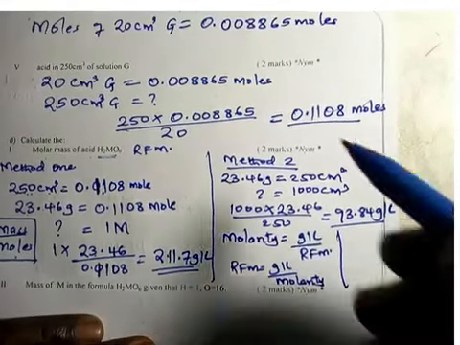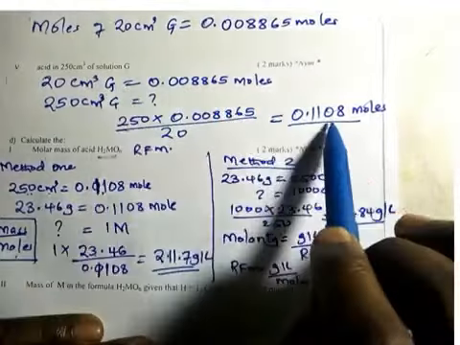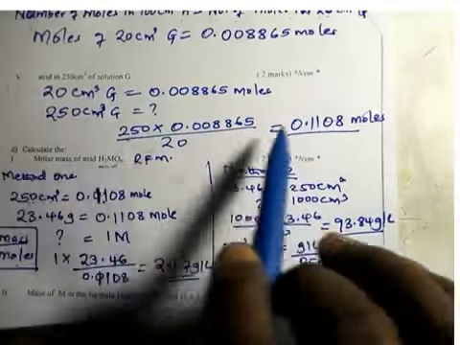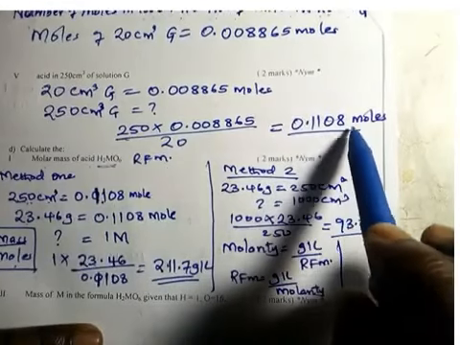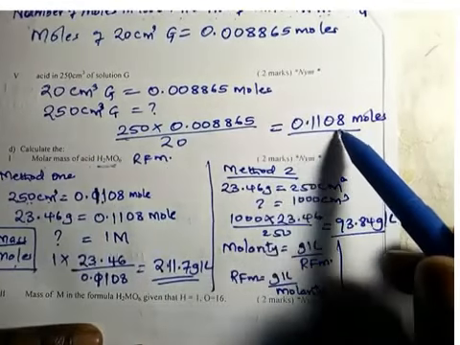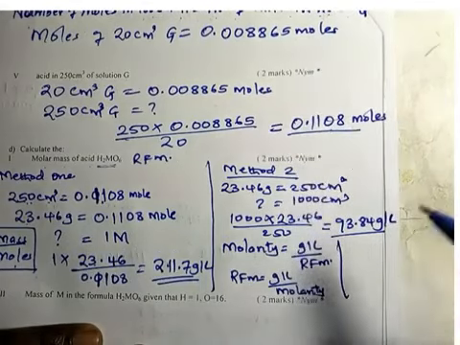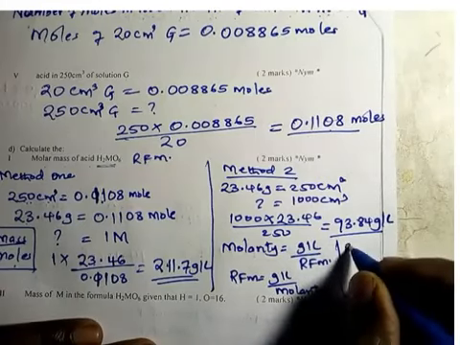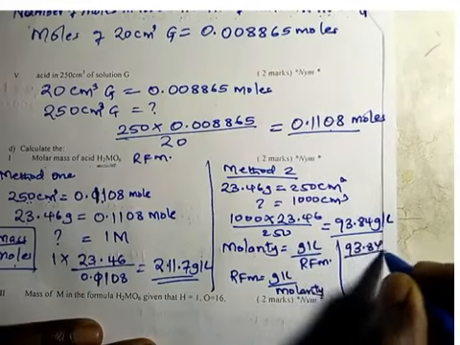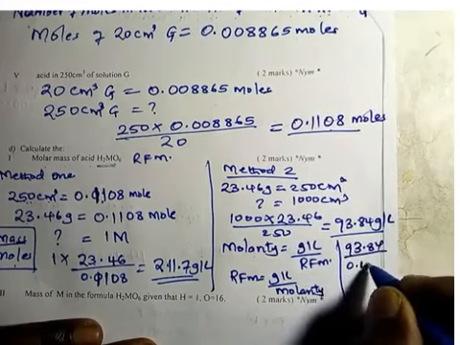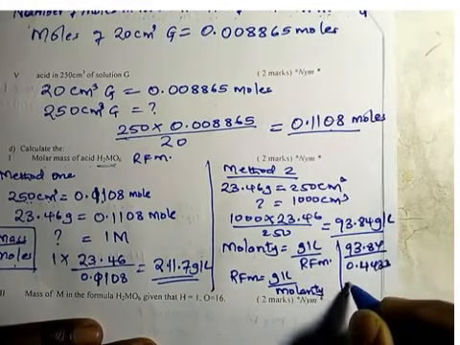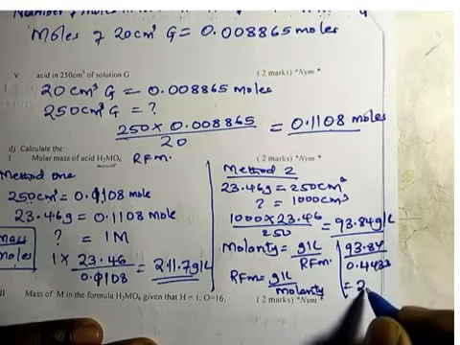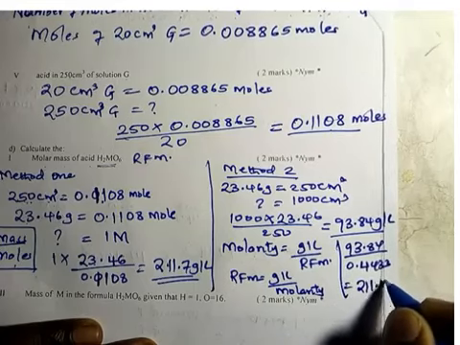So molarity will be, you ask if this is the number of moles in 250, what will be the number of moles in 1,000? It will give you 0.4433. So that is 93.84 divided by 0.4433, and that one will be 211.7.